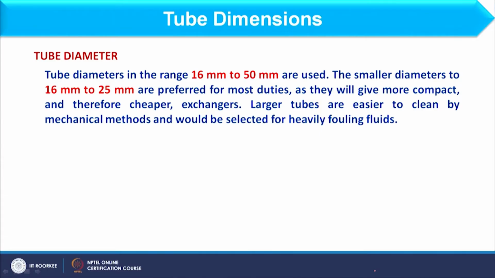Okay, so first of all we will focus on tube diameter. As far as tube diameter is concerned, the complete range of tube diameter is 16 mm to 50 mm, right. So up to 50 mm you can use as tube diameter. Smaller diameters can also be used.